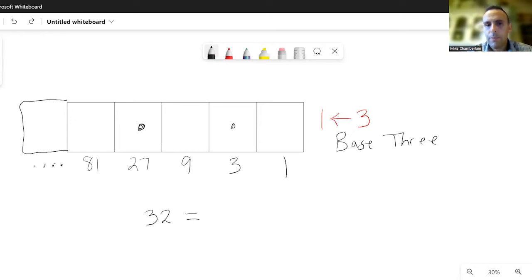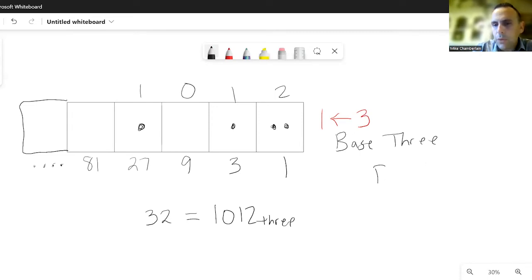Can't put a dot there. I can put a dot in the 3s place. 27 plus 3 is 30. And then put a dot in the ones place, 31. But since I'm in base 3, I'm actually allowed up to 2 dots. One more makes 32. So this code would be 1012 in base 3.